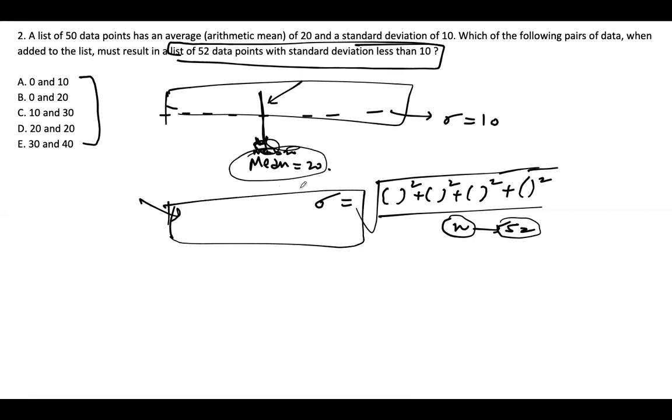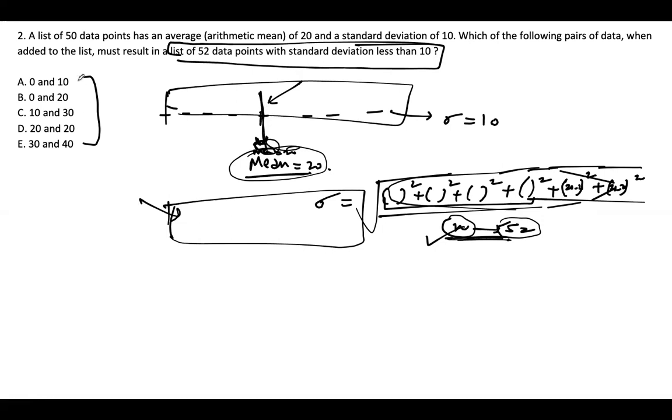Yes. 20 minus 20 is 0. So with respect to the earlier case, 2 more things will get added, but as you are selecting a value equal to the mean, it would be 20 minus 20 and 20 minus 20. So the sum remains the same, but the number of samples increased. Yes, it will be 52.